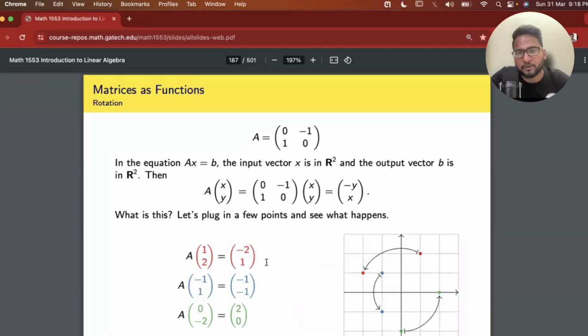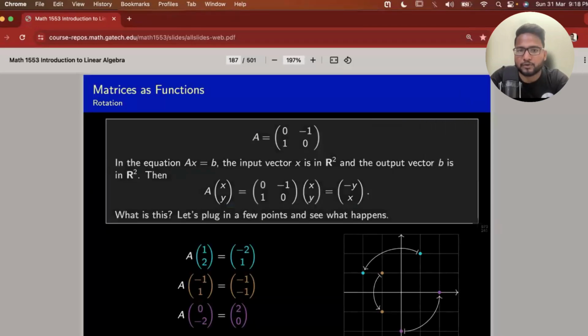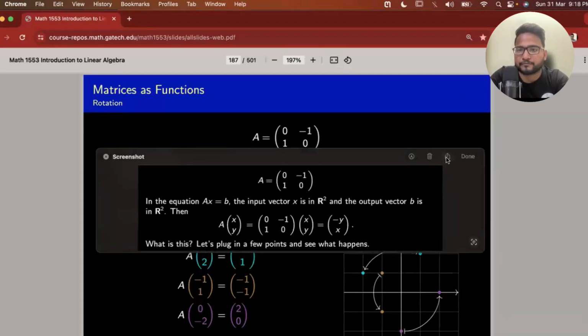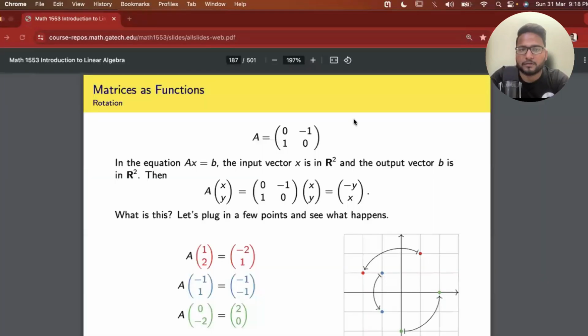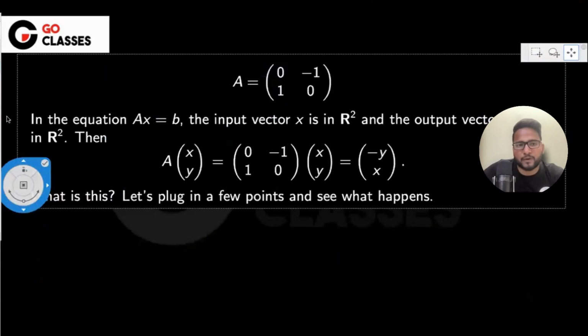For example, let's suppose this is a matrix which is doing the rotation. If you take 1, 2 and minus 2 and 1. Just tell me, if you have this matrix and you have x, y, then the final vector is minus y and x, right?